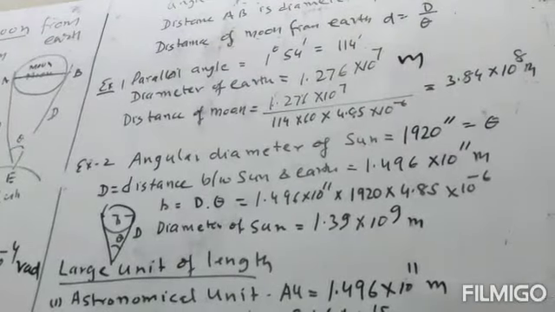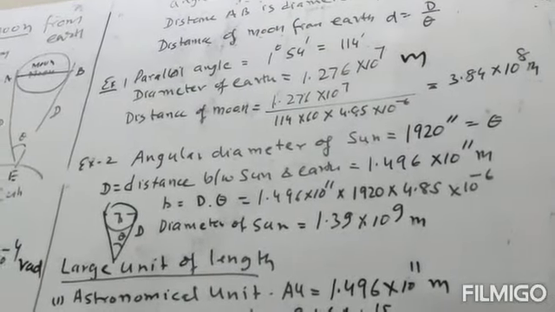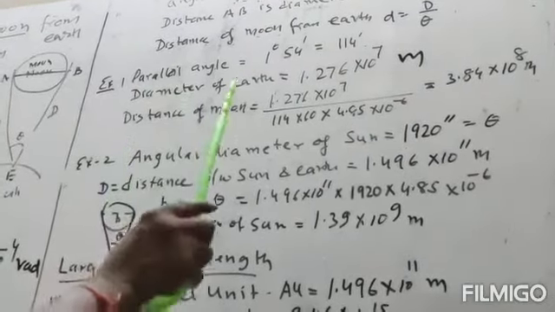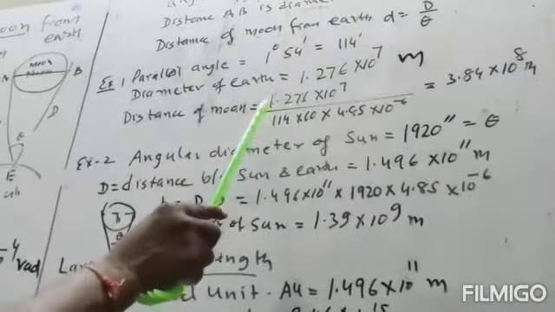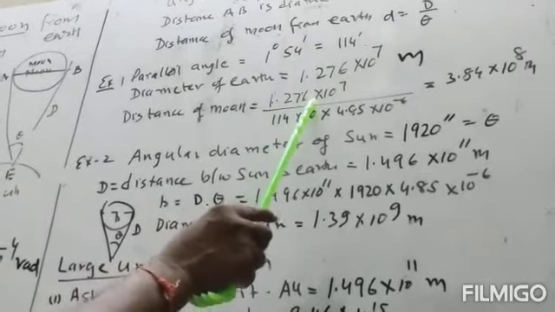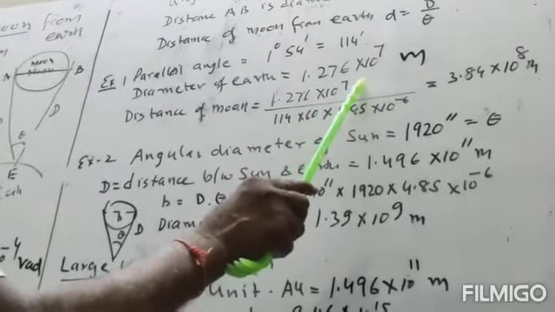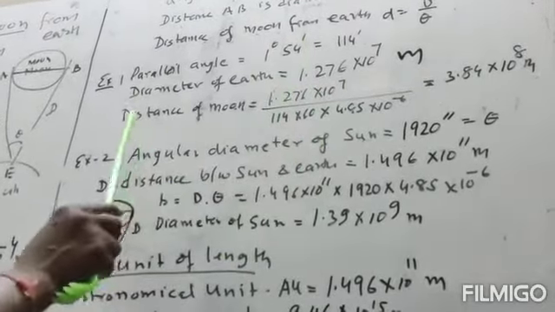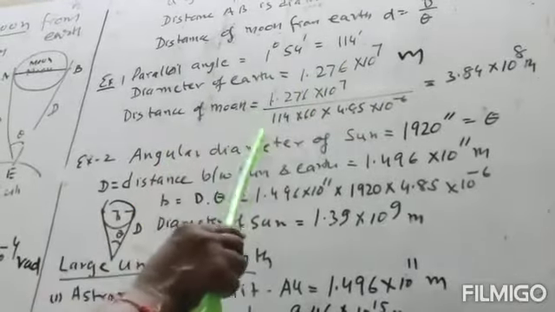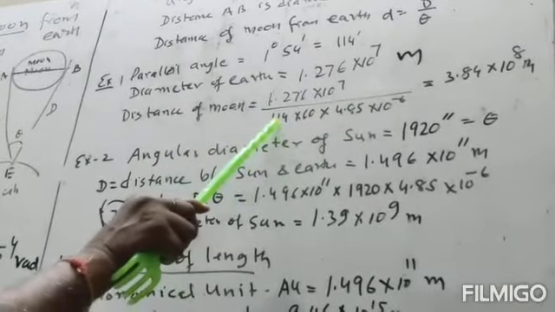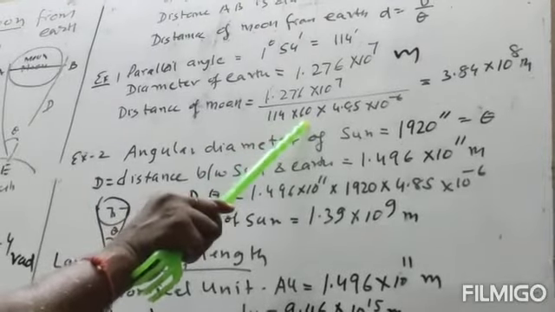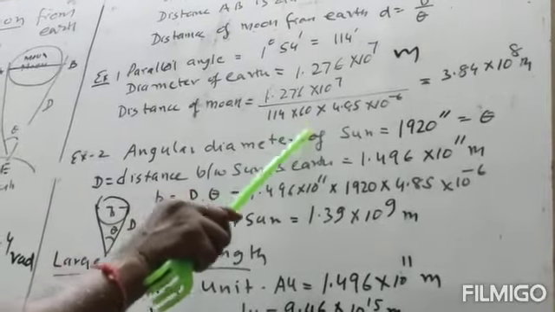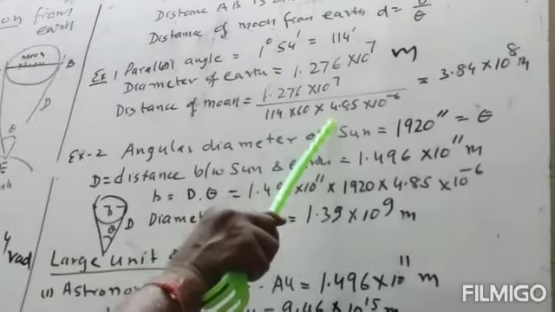So now the distance of the moon will be equal to the diameter D, that is 1.276 into 10 raised to 7, divided by the angle. The angle is 114 minutes. So we will multiply by 60, then it will be in seconds, and 1 second is equal to 4.85.